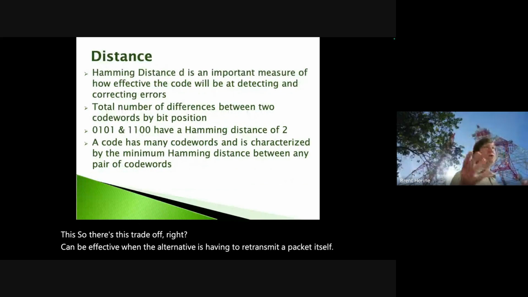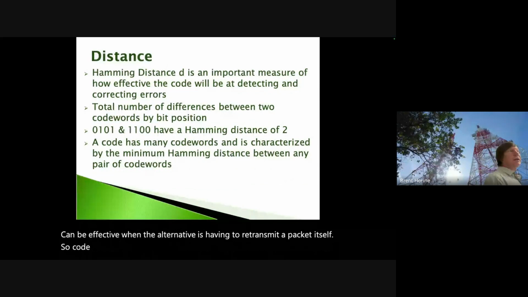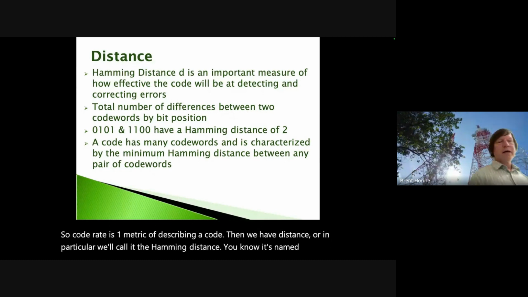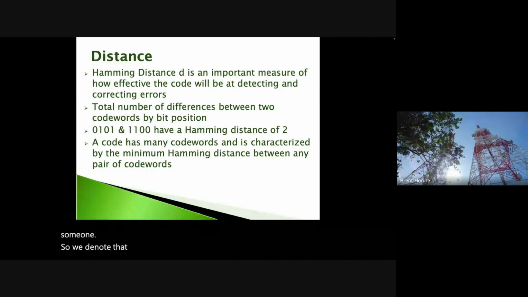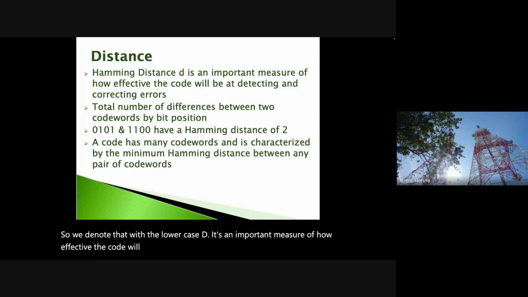So code rate is one metric for describing a code. Then we have distance, or in particular, the Hamming distance. It's named after someone. We denote that with the lowercase d. It's an important measure of how effective the code will be at detecting and correcting errors.